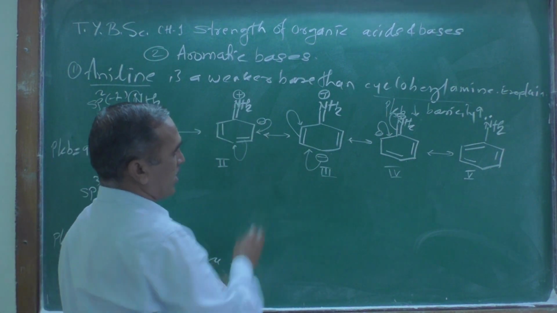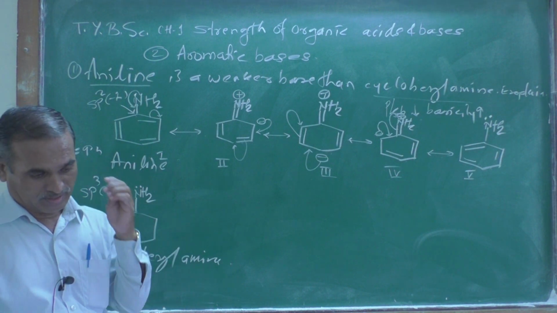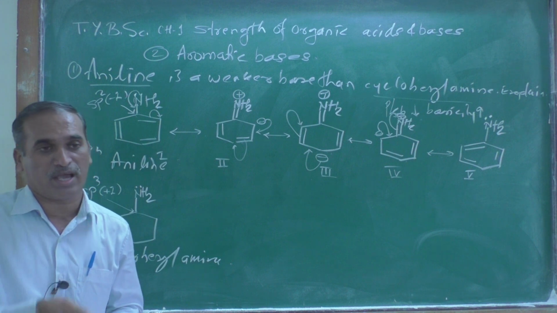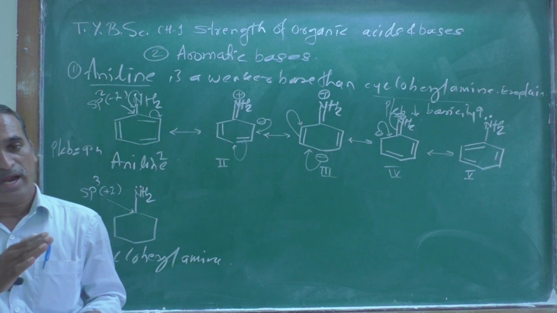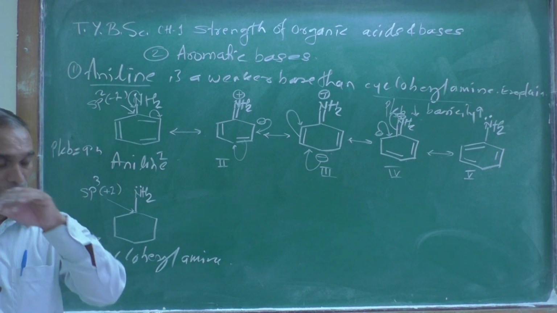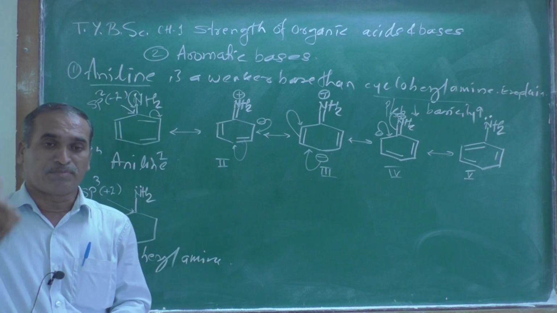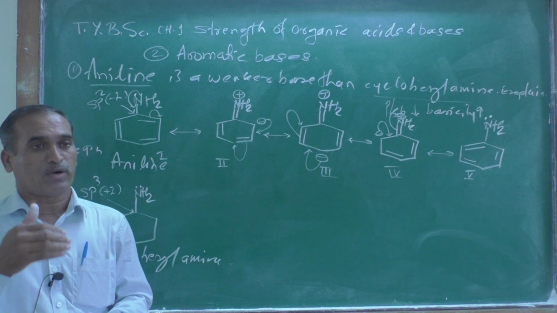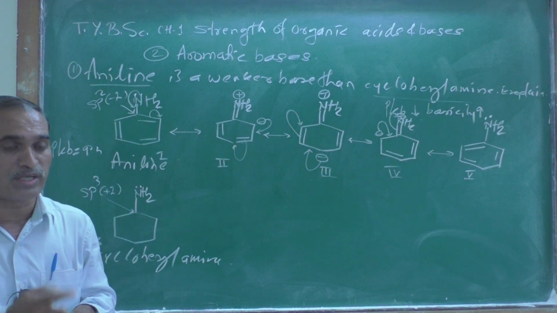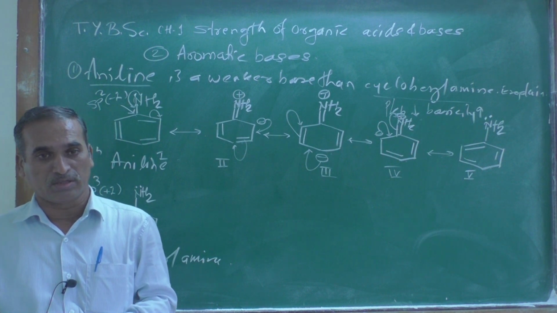Now look at the second, third and fourth structures. At the ortho and para positions there will be a negative charge, and this is why aromatic compounds undergo electrophilic substitution, the most characteristic chemical reaction which you are going to study in the last chapter. If electron donating groups are there, why do they give ortho and para products? Those who know the resonating structures can predict the product.